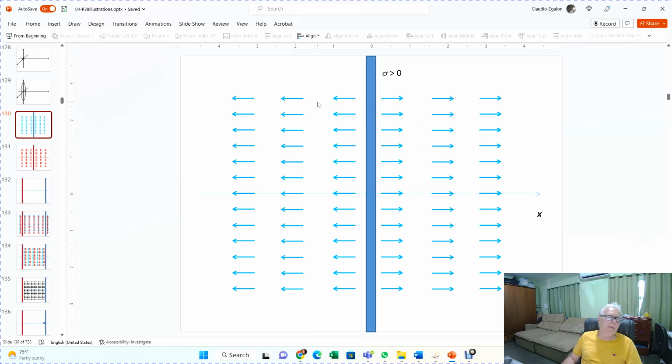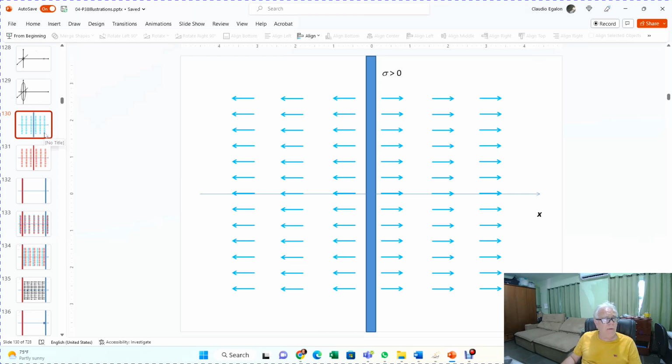On the left side it is going to be pointing in the other direction, right? Because this is a positive plate. Remember that electric fields start from the positive and end in the negative. This type of result is very important, so much that we do experiments on that.